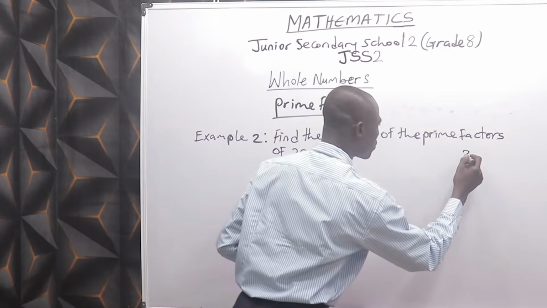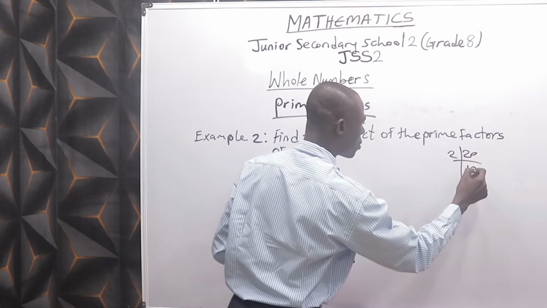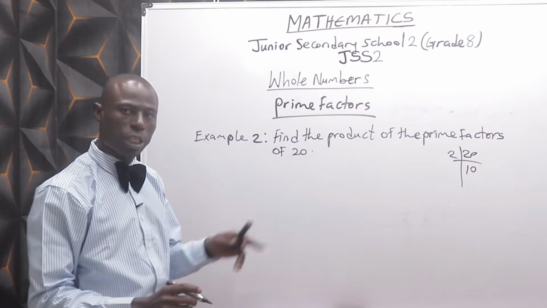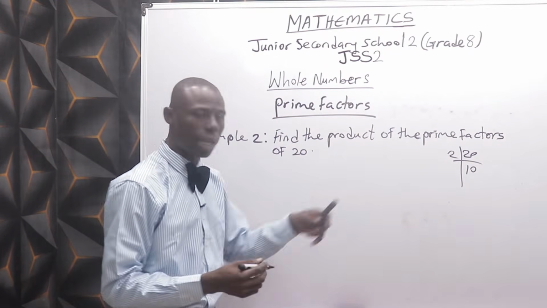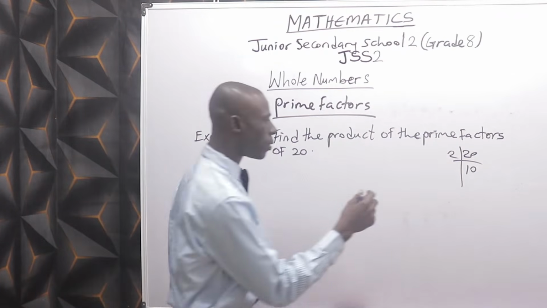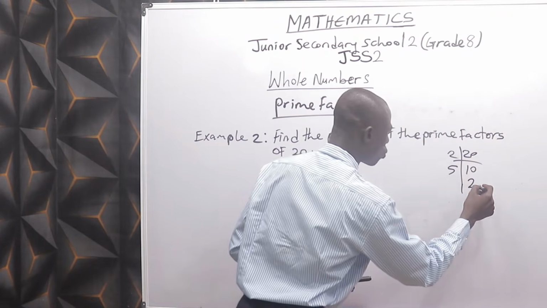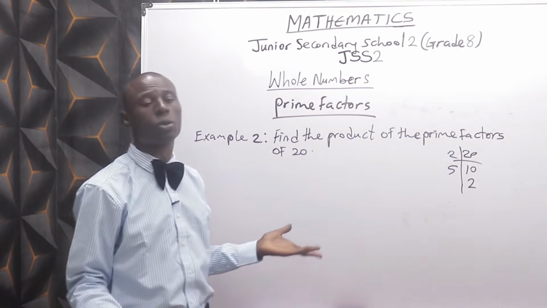So bring 20 here. What is the first prime number? That's 2. 2 in 20 gives you 10. But then, don't reuse that 2 again. What is the next prime number? That's 3. 3 cannot go in 10. What is the next after 3? That is 5. 5 in 10 is 2. You have come to a number that is less than the next prime number you want to consider.